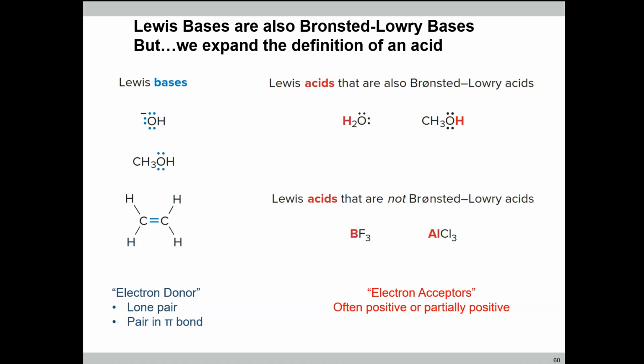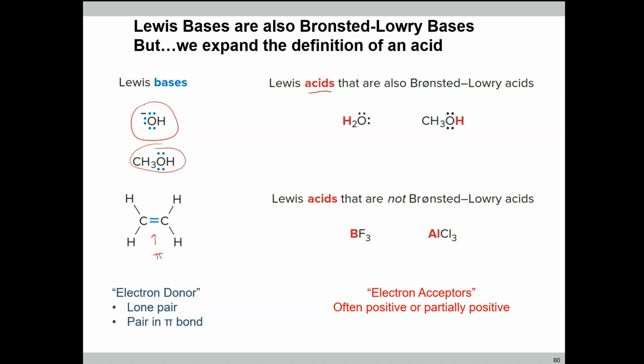So we're looking for lone pairs of electrons. Here or here are examples. Or we're looking for those pi bond electrons in double or triple bonds.